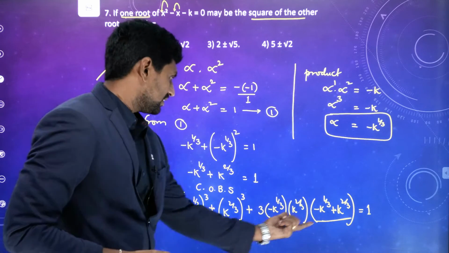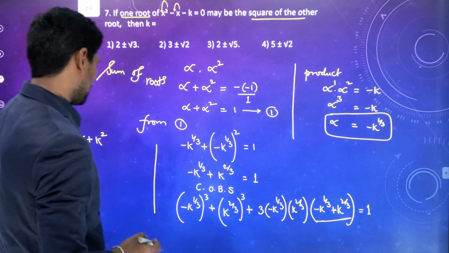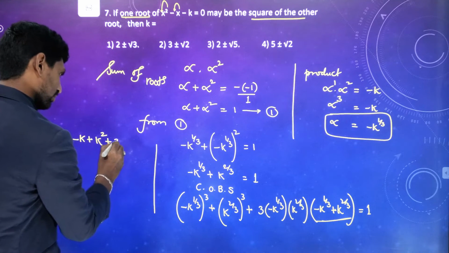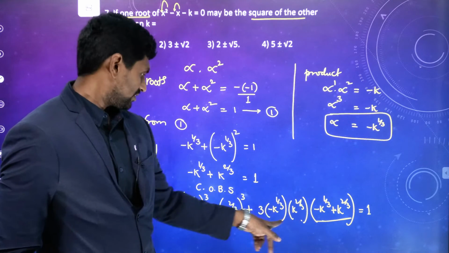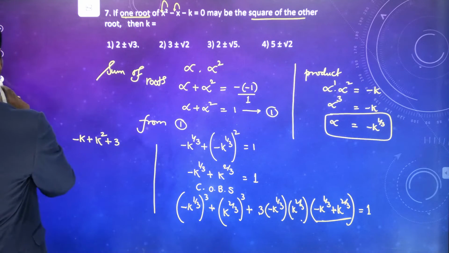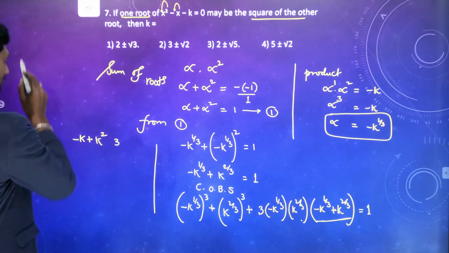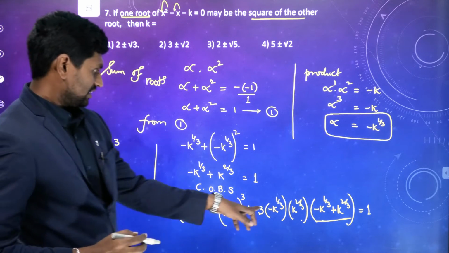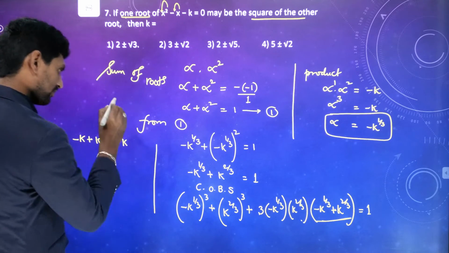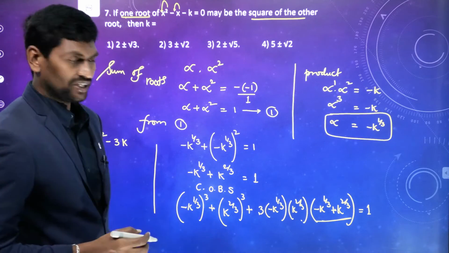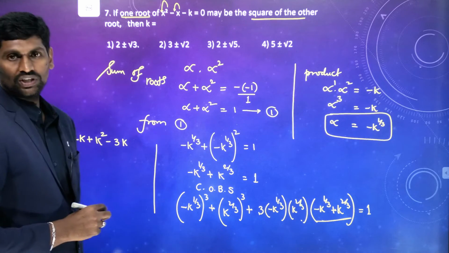Now this one, what is this answer? 1. And this plus 3 into minus k power 1 by 3 into k power 2 by 3. So minus into plus becomes minus, here will be minus symbol. 3 k into k means if the bases are same, we can add the exponents. 1 by 3 plus 2 by 3 is nothing but 3 by 3, 3 by 3 means k only.